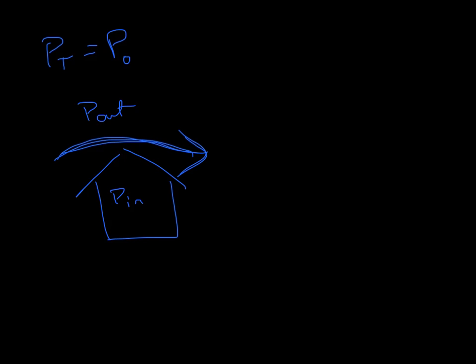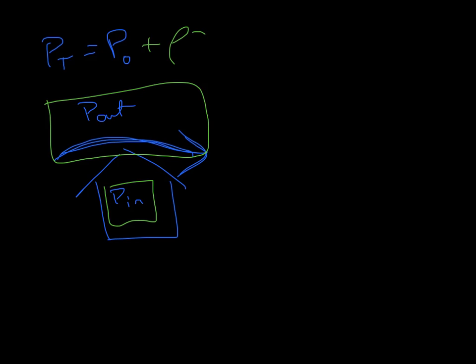Where do you think the pressure is going to be smaller? Remember, the total pressure outside has to equal the pressure inside. So the inside pressure is actually going to be bigger, and this is why roofs fly off of buildings during tornadoes.